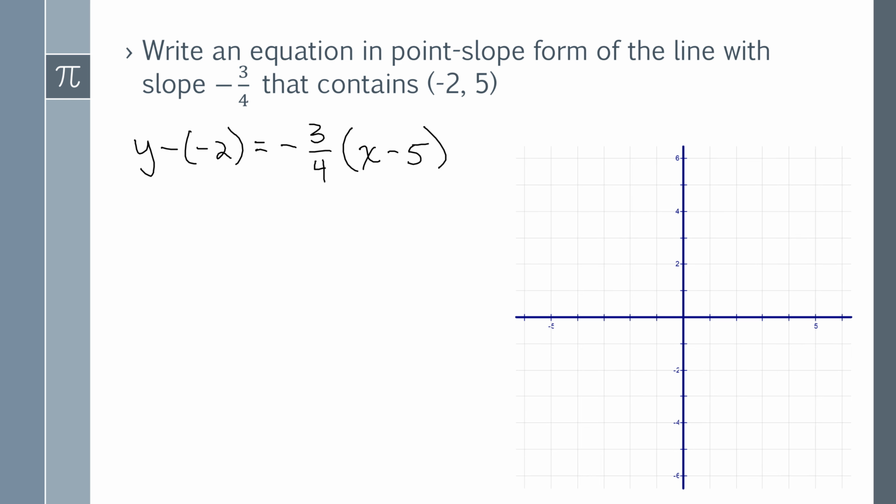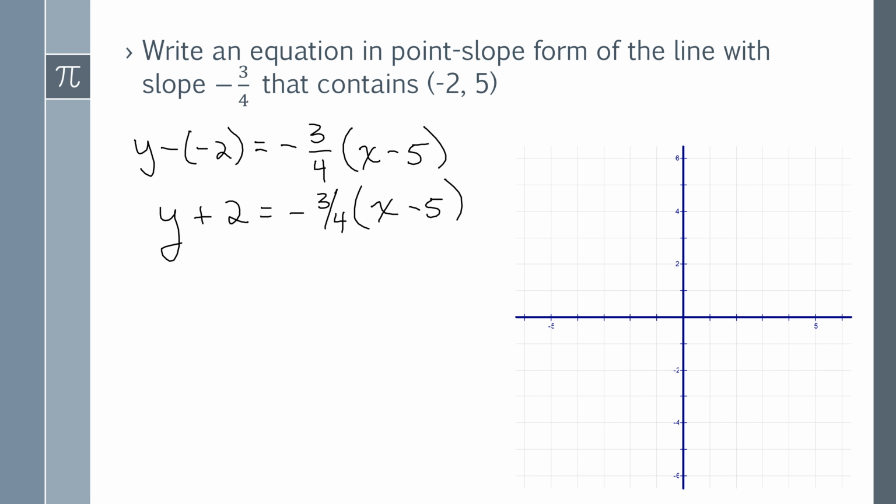Now we want to clean this up, so we don't want this double negative. So this would be y plus 2 equals negative 3/4 times the quantity x minus 5. So that's point-slope form.